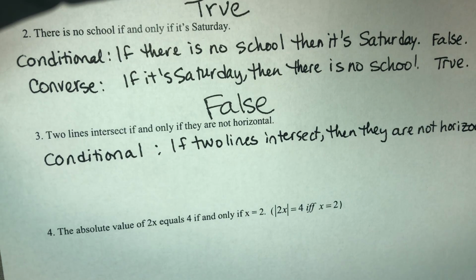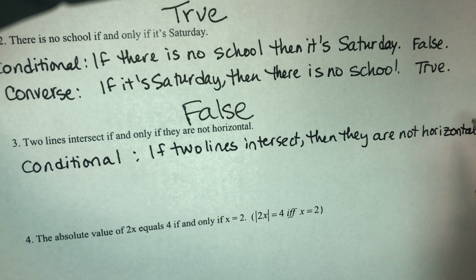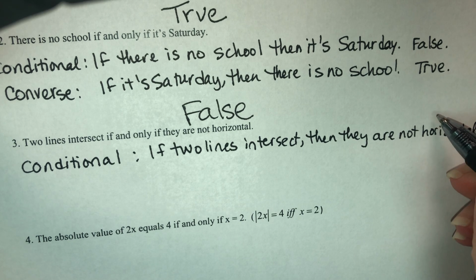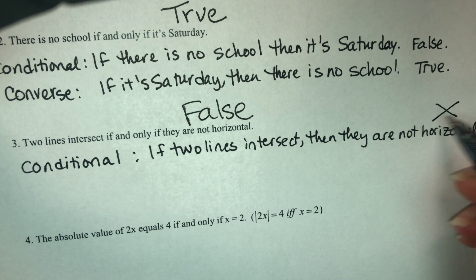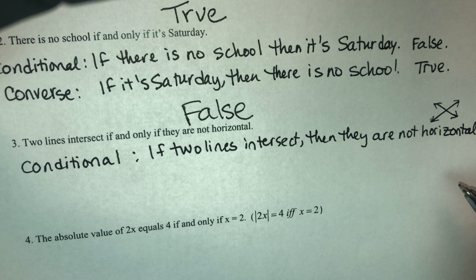So is it possible to have two lines intersect that are not horizontal? Well, sure. You could make like an X. These lines intersect and neither one is horizontal. If two lines intersect, then they are not horizontal.